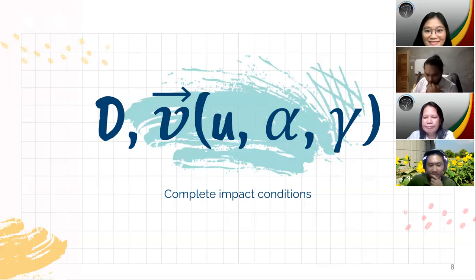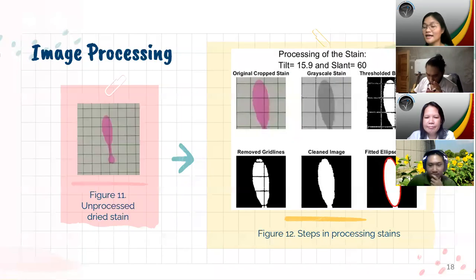Doon ulit sa slide 18, baka hindi ko lang na-pick up din yung explanation mo. Bakit ulit hindi kasama yung tail part ng drop? Ay, yun po. Sorry, hindi ko nasabi. It causes error na po sa estimation ng impact angle. Kasi di po ba, the impact angle is dependent on the width and the length of the stain.